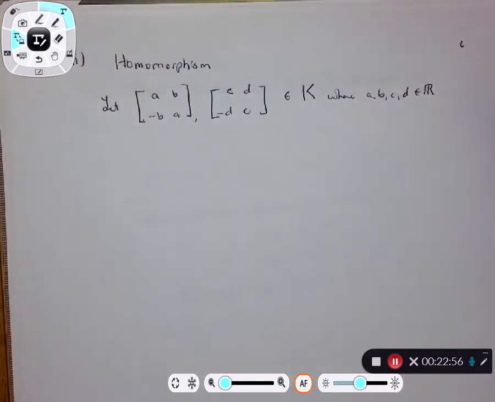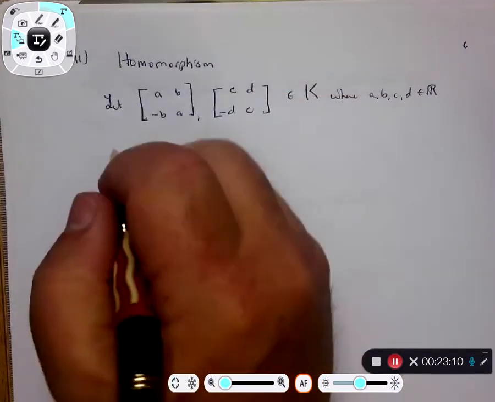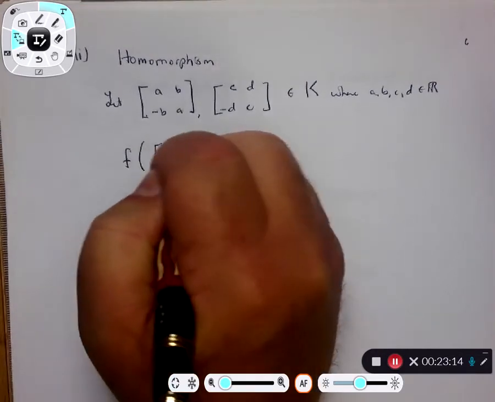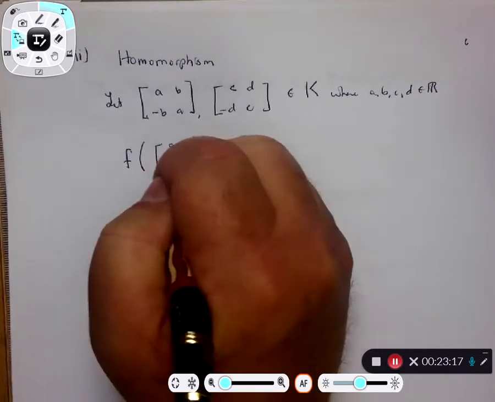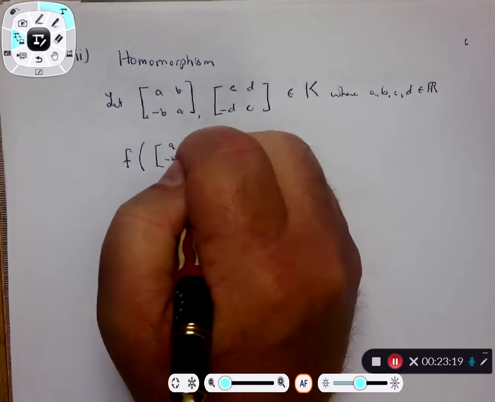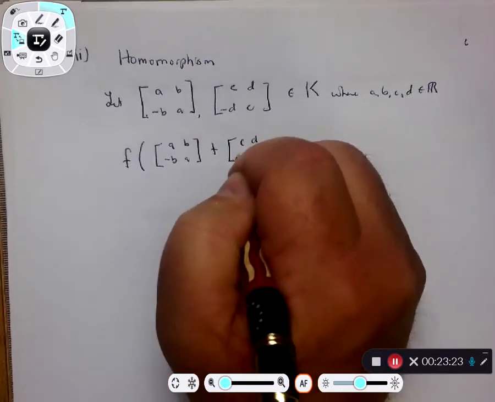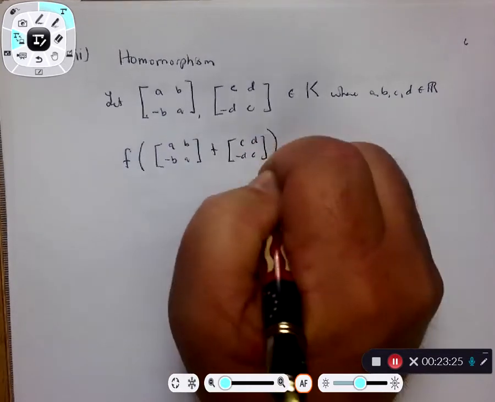Now, homomorphism is the idea of the mapping. Remember from our definition, f of A plus B has got to be equal to f of A plus f of B, and then I have to show f of A times B is equal to f of A times f of B. So that's exactly what we're going to do with these elements. What is f of the matrix a, b, negative b, a plus the matrix c, d, negative d, c?